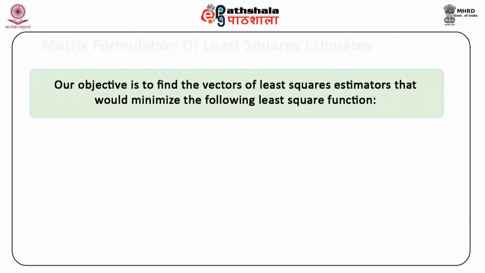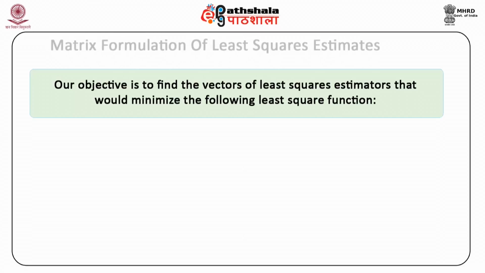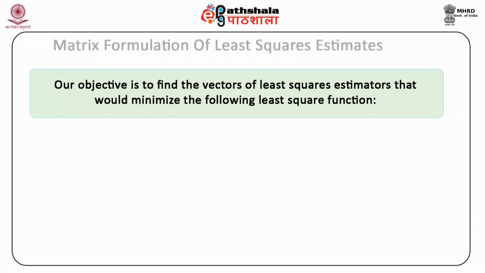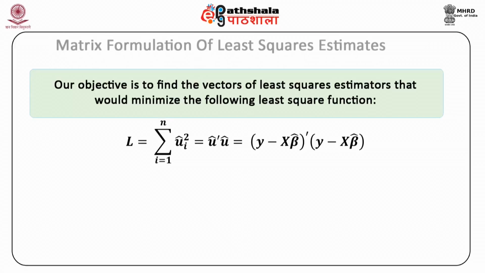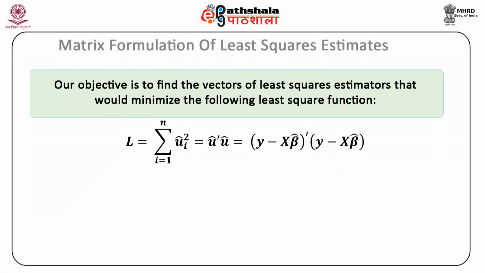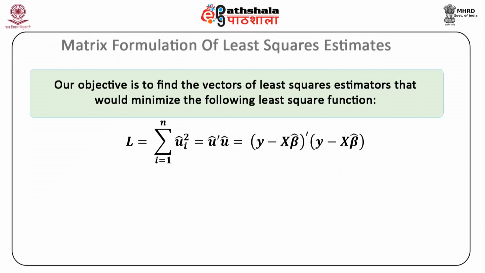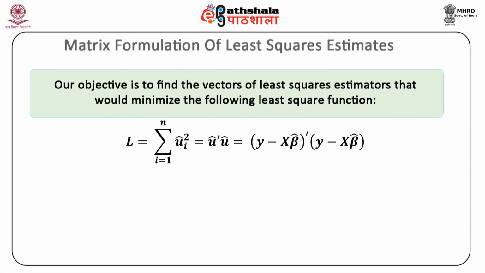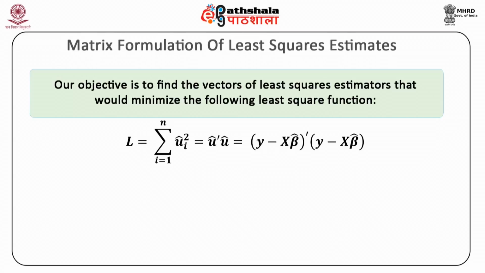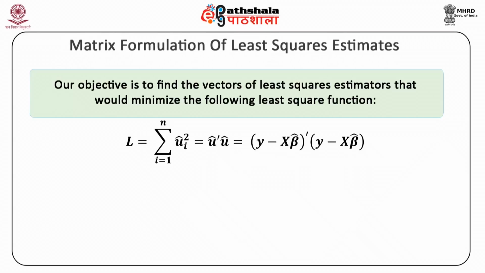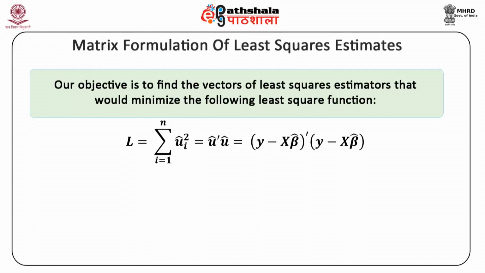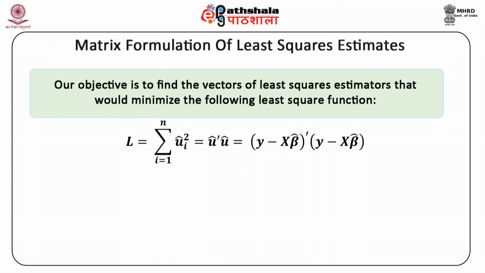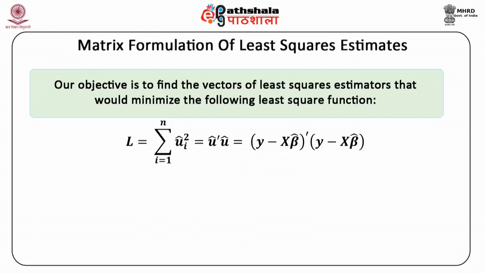Our objective is to find the vector of least squares estimators that would minimize the following least square function. The function now is written as L equal to summation of ui hat square, where summation is from 1 to n, and this is equal to u hat prime into u hat, which is equal to y minus X beta hat prime into y minus X beta hat.